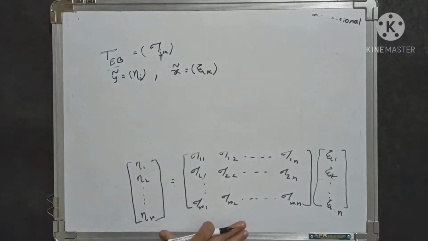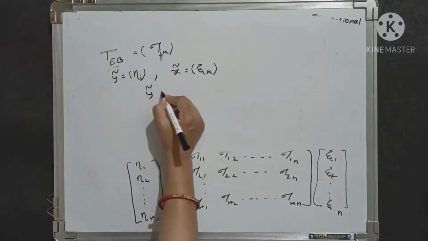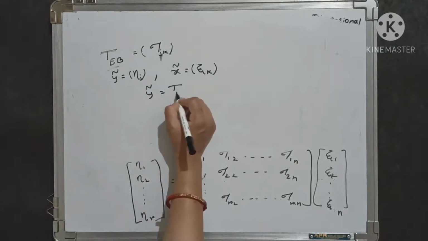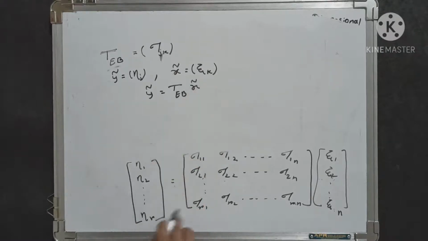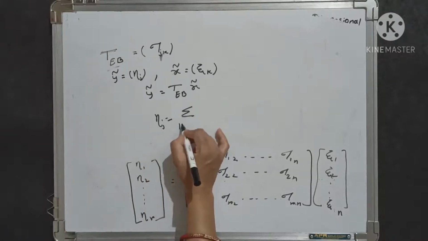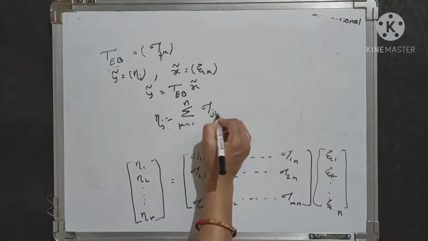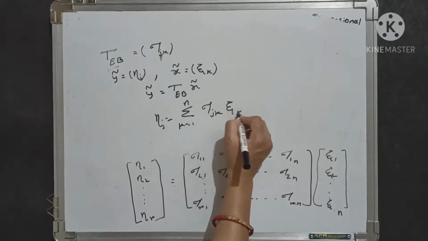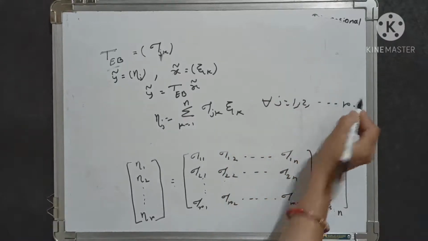Then this equation is written in the form Y tilde equals T_EB into X tilde. In this way, equation 4, that is eta j equals the summation over k from 1 to n of tau jk into xi k, for all j equals 1 up to r.